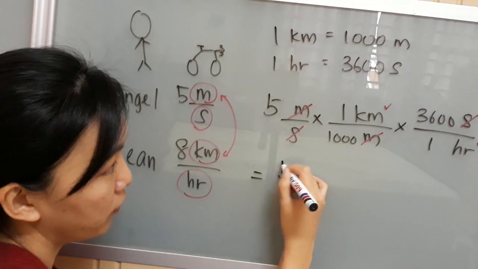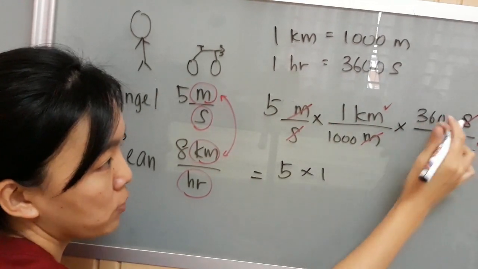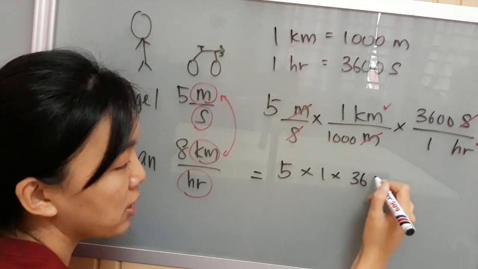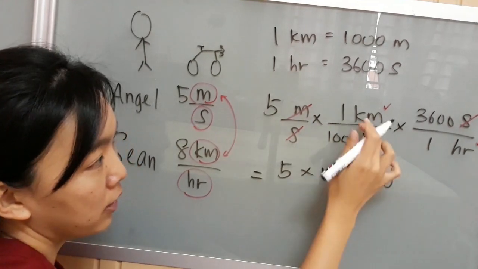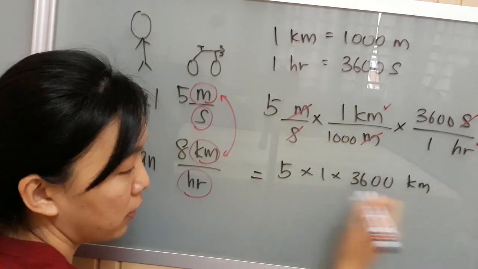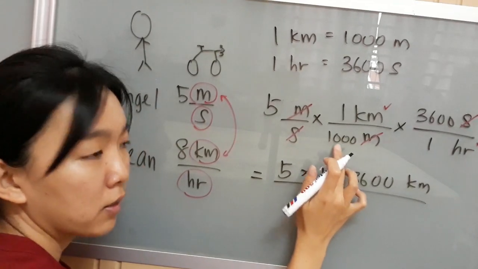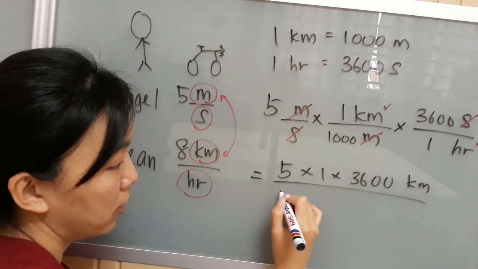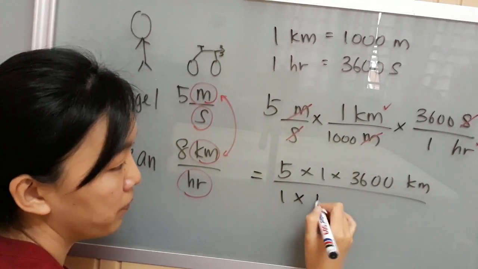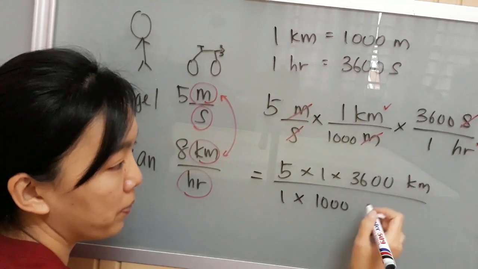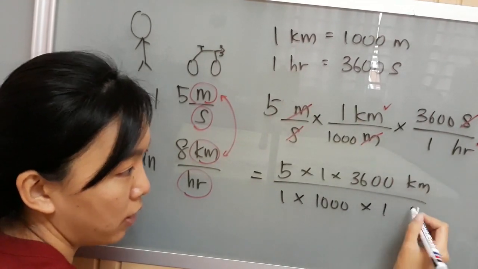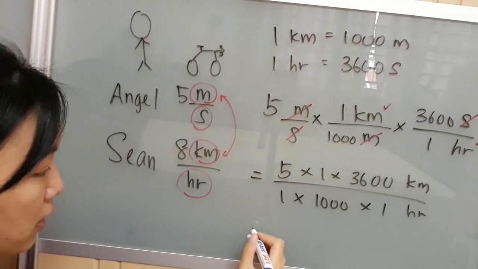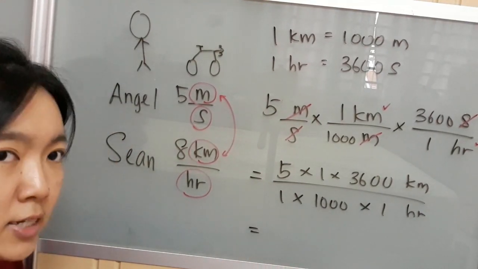Here we have 5 times 1 times 3600. Km on top. At the bottom, 1000, this is 1 times 1000 times 1. Hour, I'll put it here again. The next step is very simple.